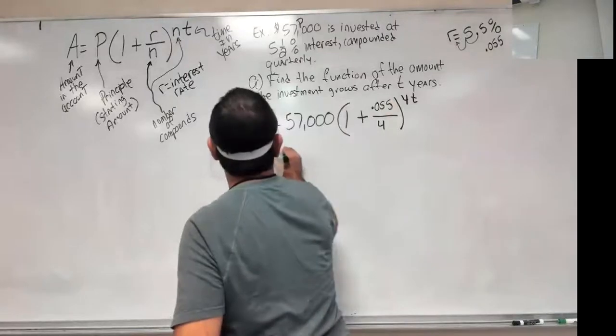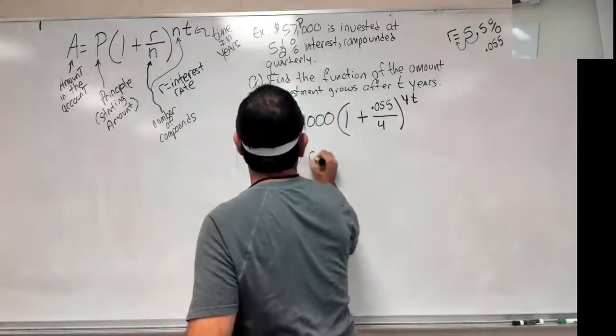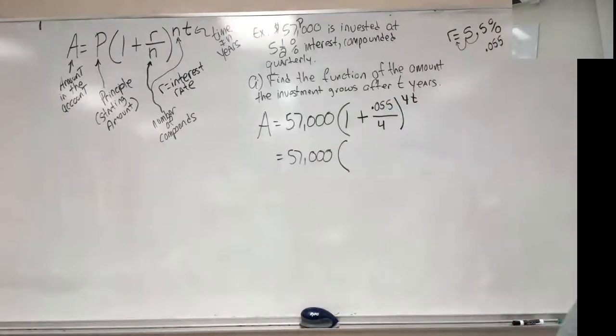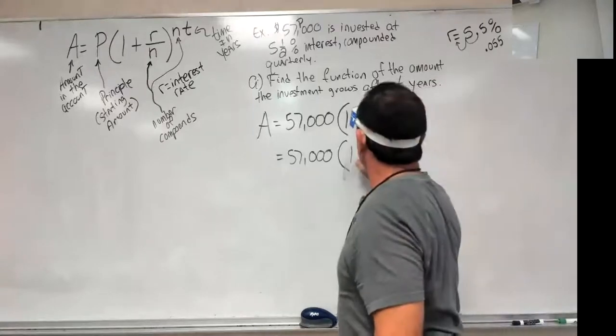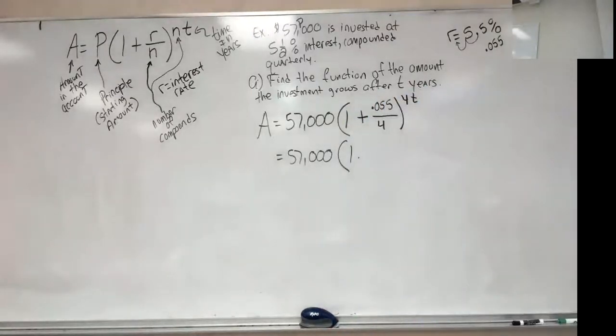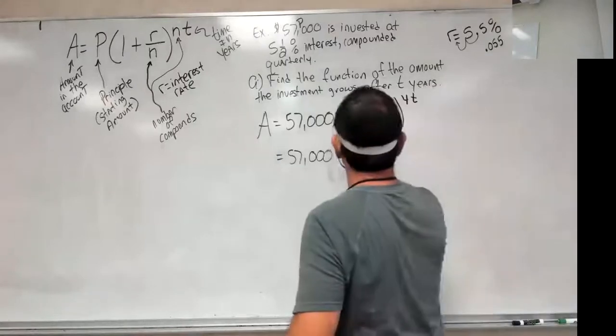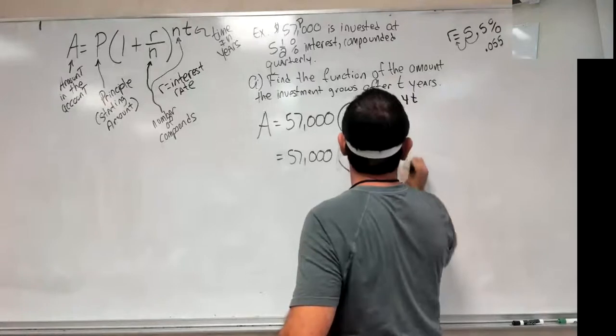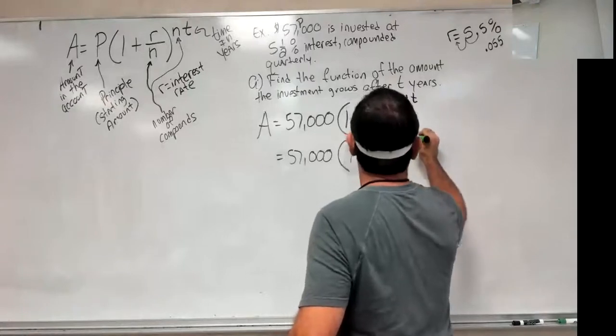So we'll get A equals our 57,000. So let's see, what is 1 plus 0.055 divided by 4? And it actually should be a 1 point something: 1.01375. And then all that goes to the 4t.